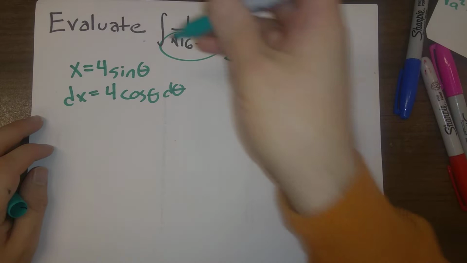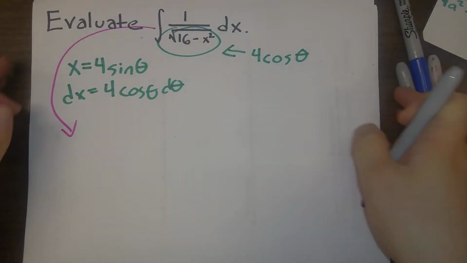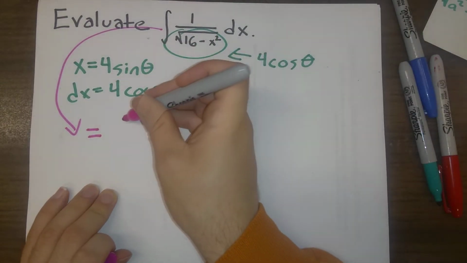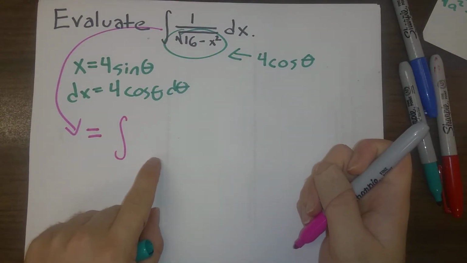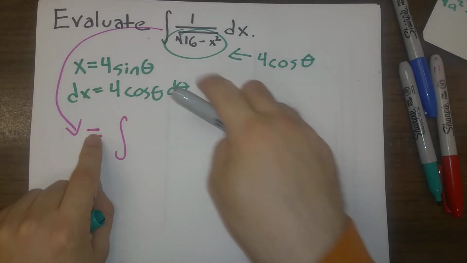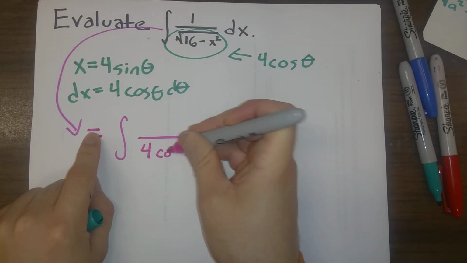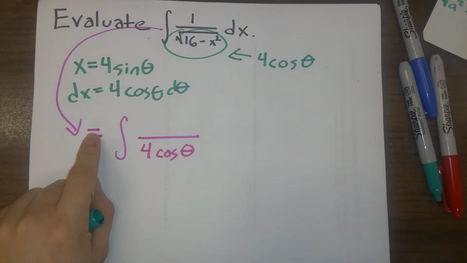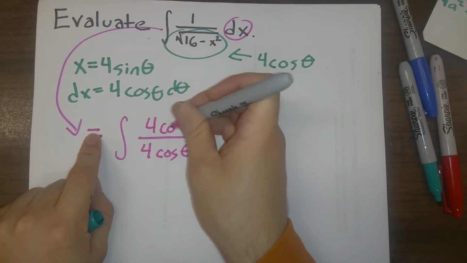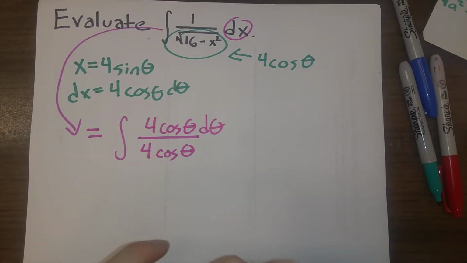Okay, so putting all of this together, this integral ends up equaling, after the substitution, so x doesn't show up explicitly anywhere, the downstairs becomes 4 cosine theta, and the dx becomes 4 cosine theta d theta.